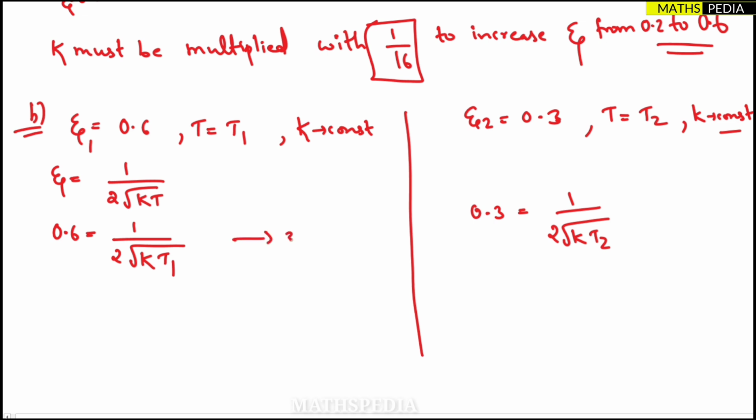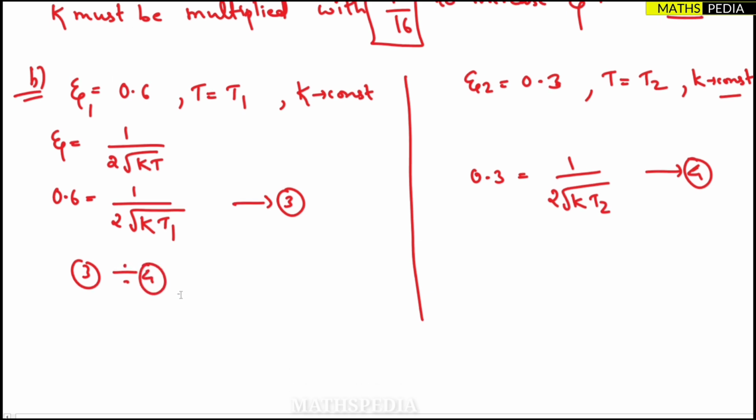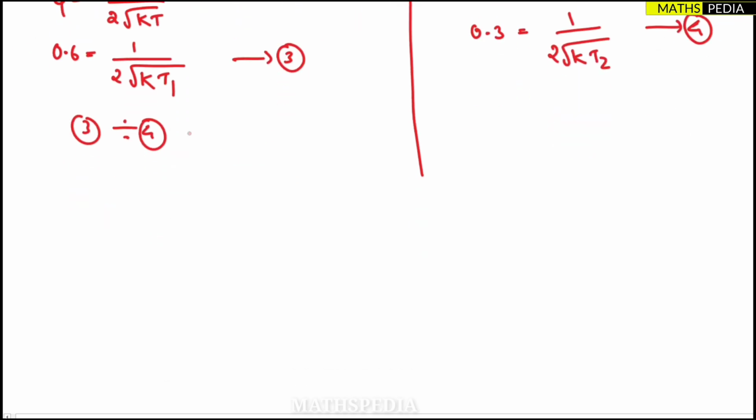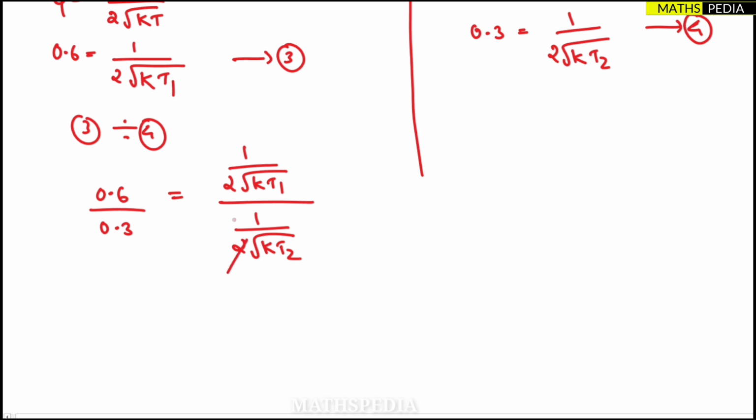Can I divide these two? I'll take 3 and 4. If I divide 3 and 4, what will happen? It will be 0.6 divided by 0.3, the LHS part, is equal to 1 by 2 root k t1 divided by 1 by 2 root k t2. The 2 gets cancelled, and root k cancels. So what is remaining?